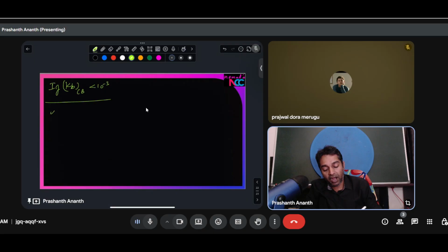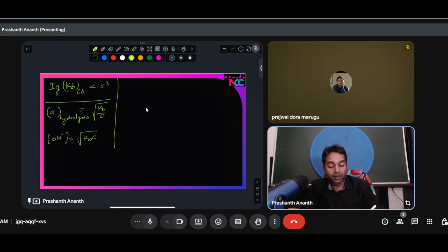We'll end up having alpha for hydrolysis equal to square root of Kb into C. Damn it, not square root of Kb into C, square root of Kb by C. Next up, we'll have concentration of OH minus being equal to square root of Kb into C. And lastly, of course, the main equation, pOH of the solution.